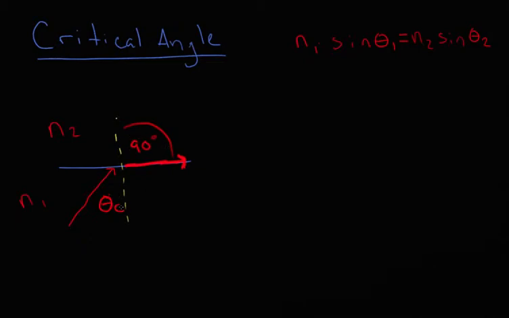So let's plug in these numbers and see if we can solve, in general, for the critical angle. So n1 and n2 we'll plug in. Our theta 1 in this case is the critical angle. And our theta 2 is going to be 90 degrees.